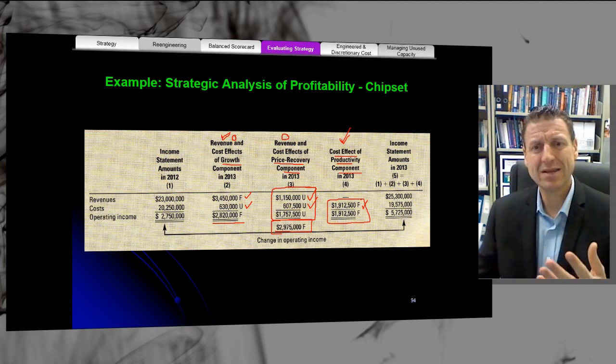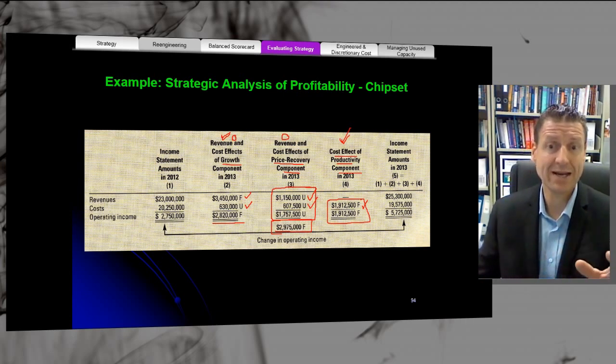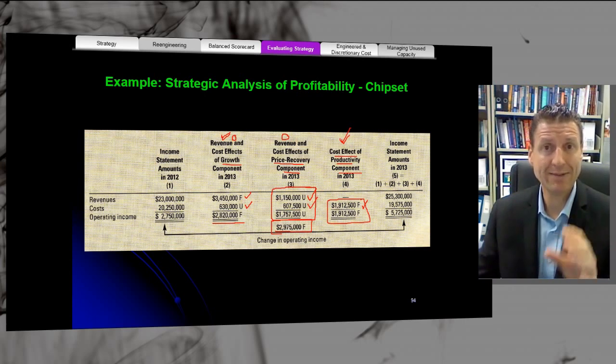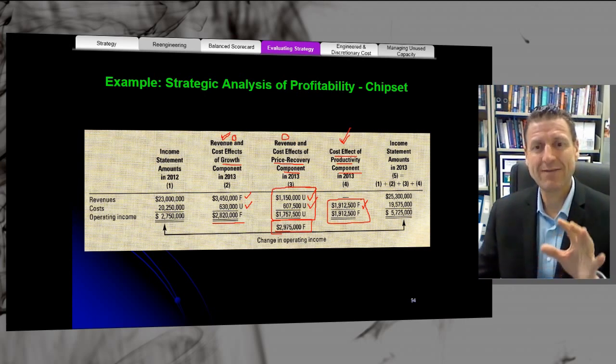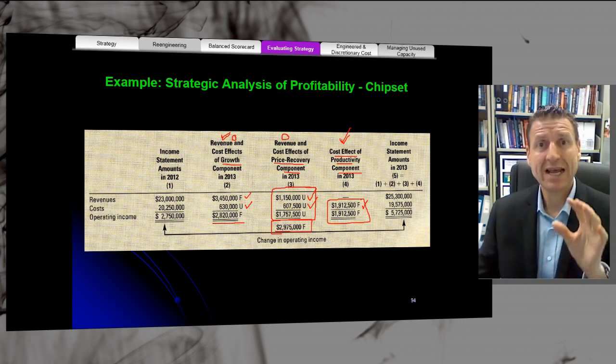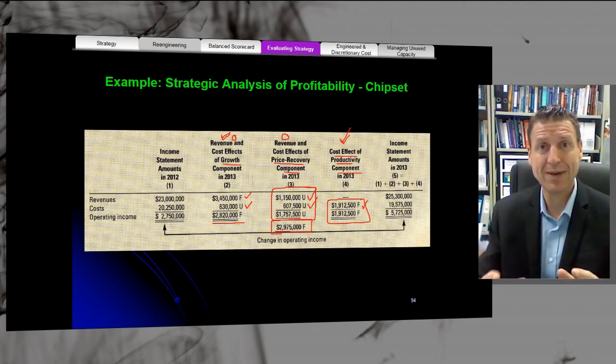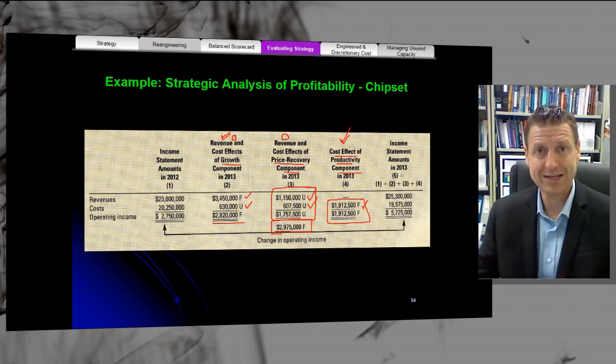So there are always these trade-offs between getting more productivity and paying more to enable that productivity to occur. All right, so there we have our summary of Chipset. In the next slide, I want to take you back to what it means for the two different strategies, cost leadership strategy and the product differentiation strategy.